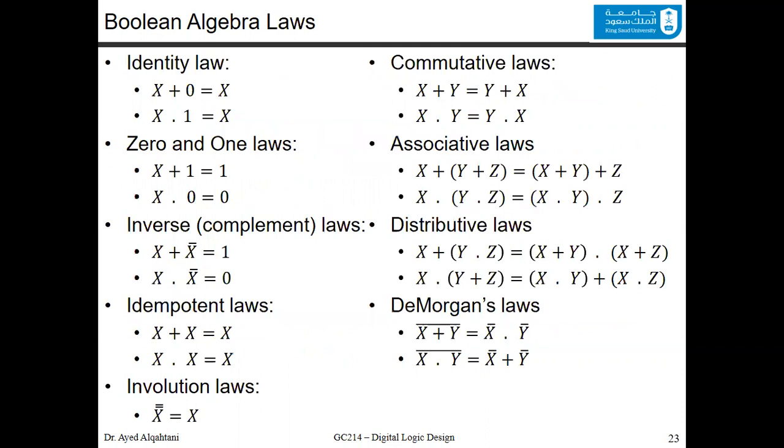We have multiple laws. The first one is the identity law, meaning if you OR x with 0, it's going to give you x. If you AND x with 1, it's going to give you the same input x.